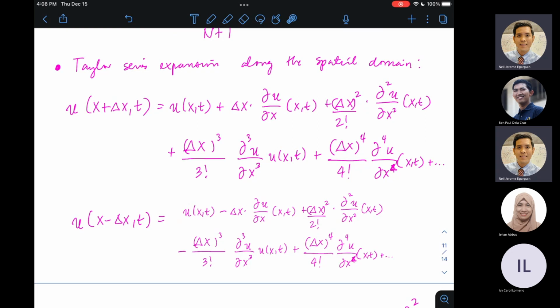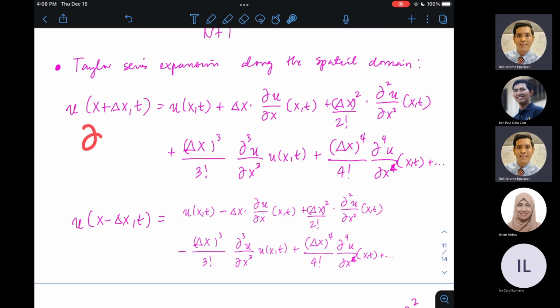In particular, the right-hand side of the heat equation has the second derivative with respect to x. So kailangan ko ngayon ng pampalit sa second partial derivative ni u with respect to x. And luckily, I can just naturally extend the Taylor series expansion, which you learned in your elementary calculus courses, by holding the second variable to be constant.